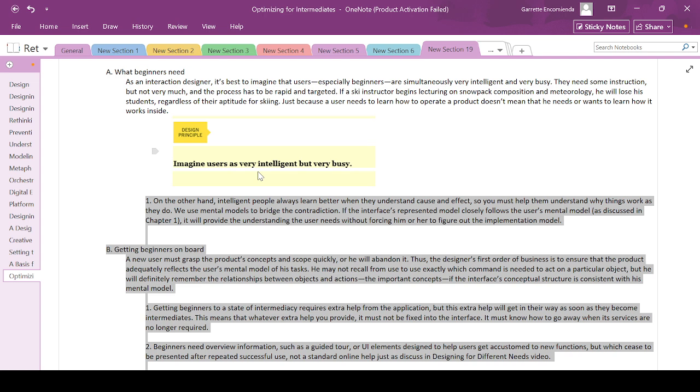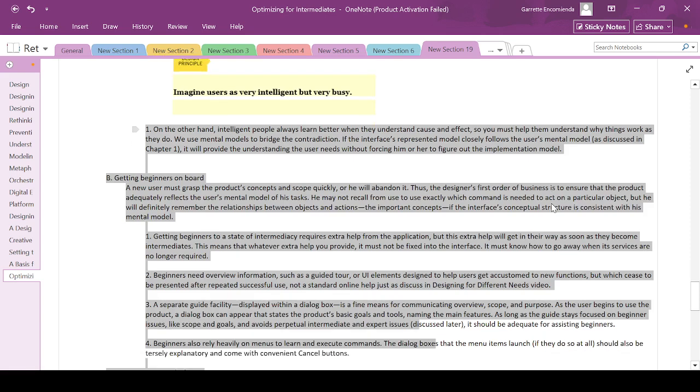We learn by repetition, but we also learn by understanding cause and effect. But we don't really need to understand the deep-level cause and effect. We just need to understand the cause and effect based on our mental models, or based on connecting the representation to our mental models. So we use mental models to bridge the contradiction.